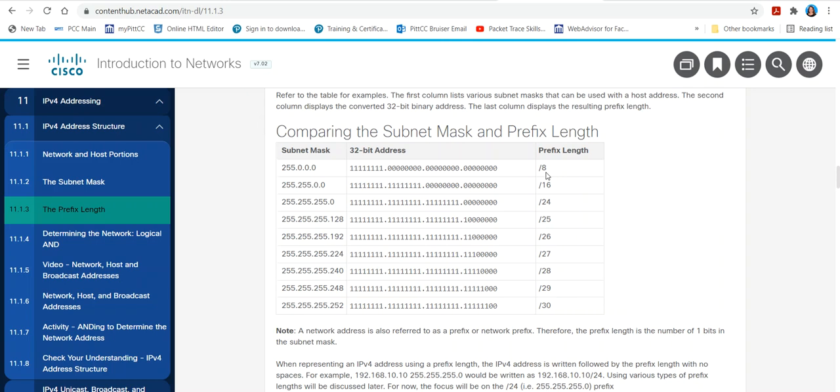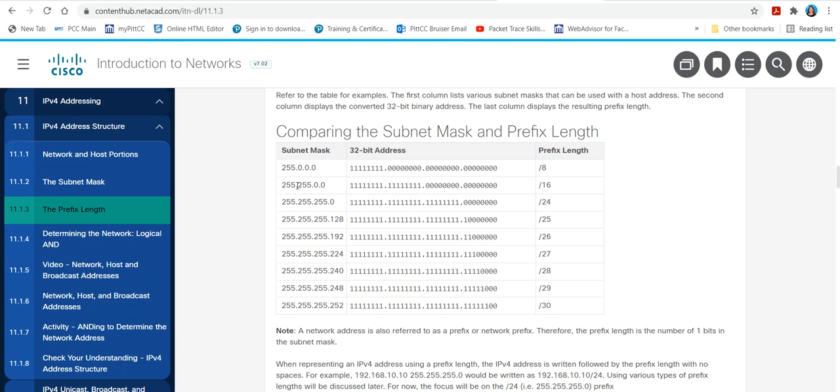So if you remember from my definition of a subnet mask, which is the number of ones used to create the network portion of the address, that is written in a dotted decimal form, and the prefix length is literally the number of ones used. So if you count the numbers, in this case, the subnet mask was 255.0.0.0. That is 8 ones, therefore the prefix length associated with that is a /8.